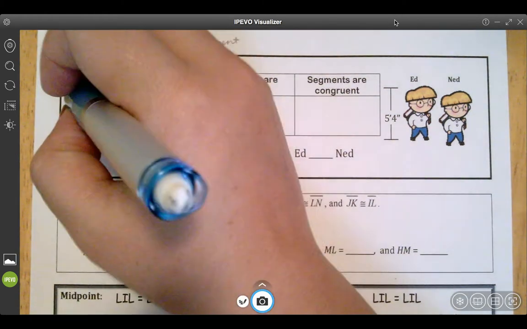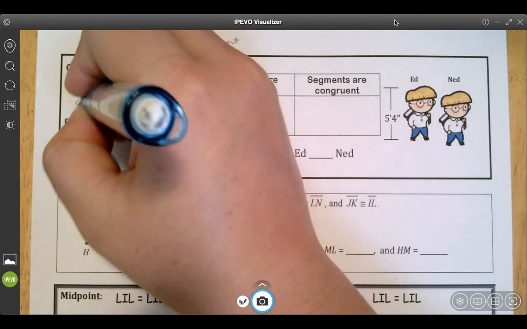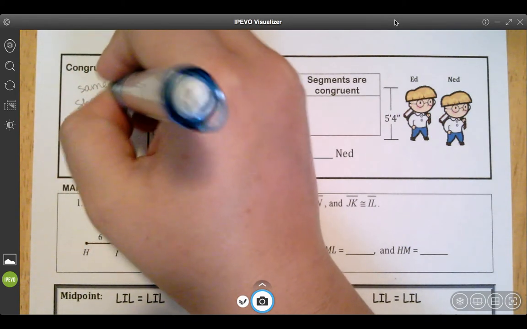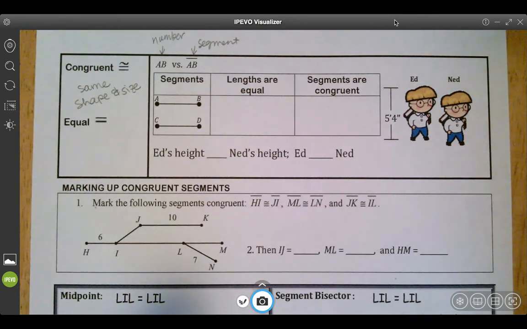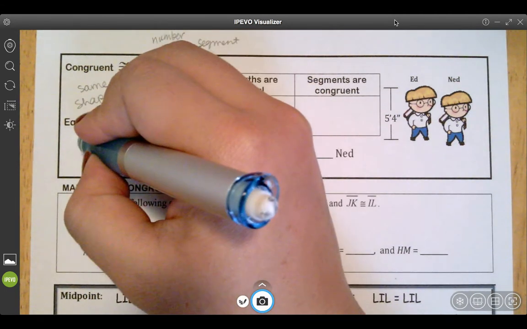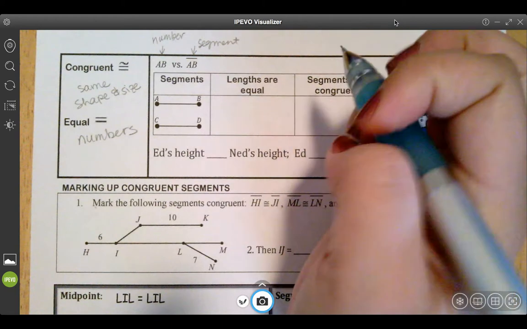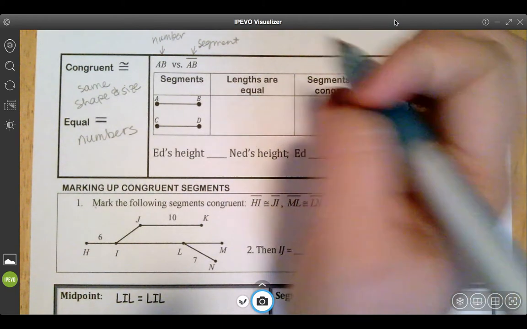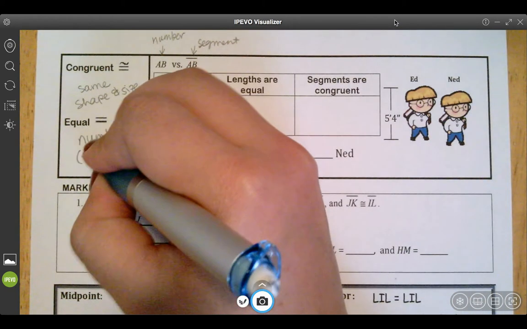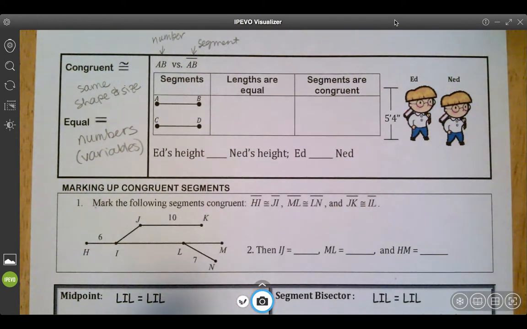So this is for when we're saying it's the same shape and size, right? So it's a copy, it's a photocopy essentially. But equal is for numbers. And remember, variables are unknown numbers, and so this could also be for variables, which we're very familiar with.